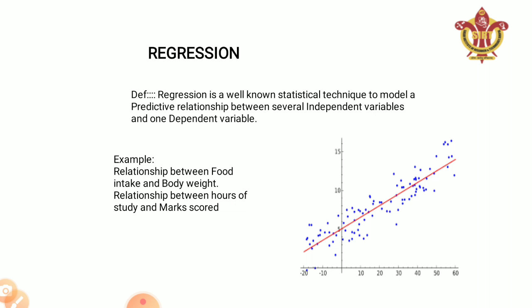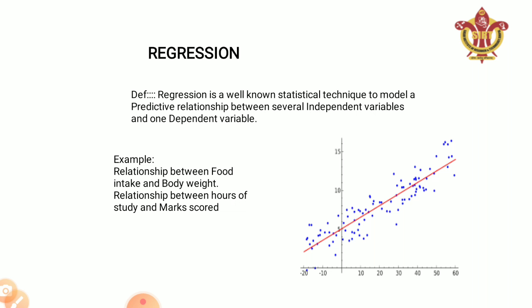The most important thing to note is that there can be more than one independent variable. Consider the example of your percentage. It does not depend on any single subject; it depends upon all your five subjects which you need to appear for.